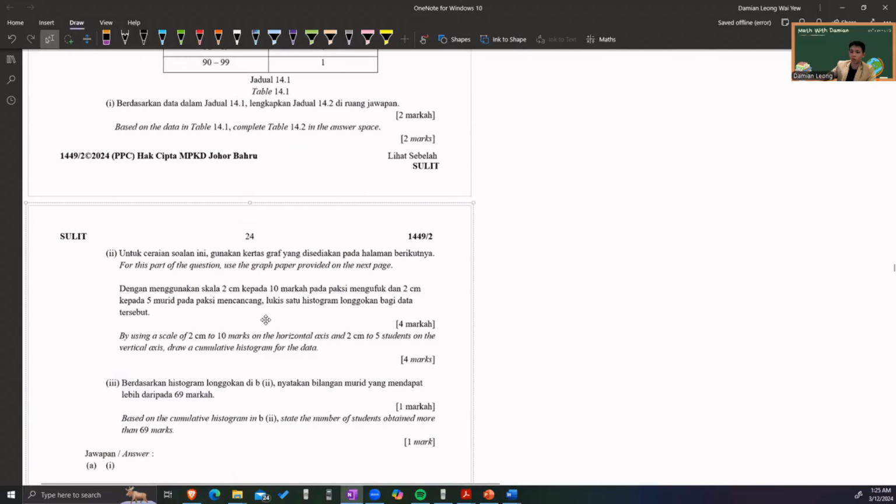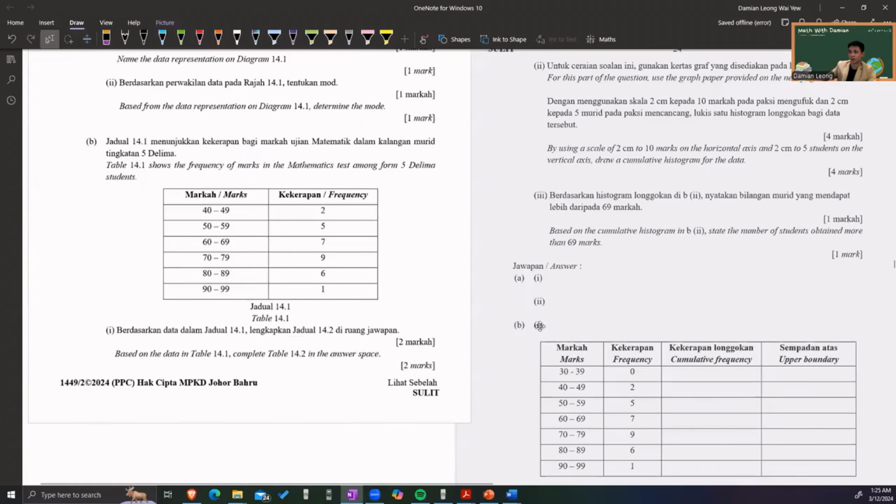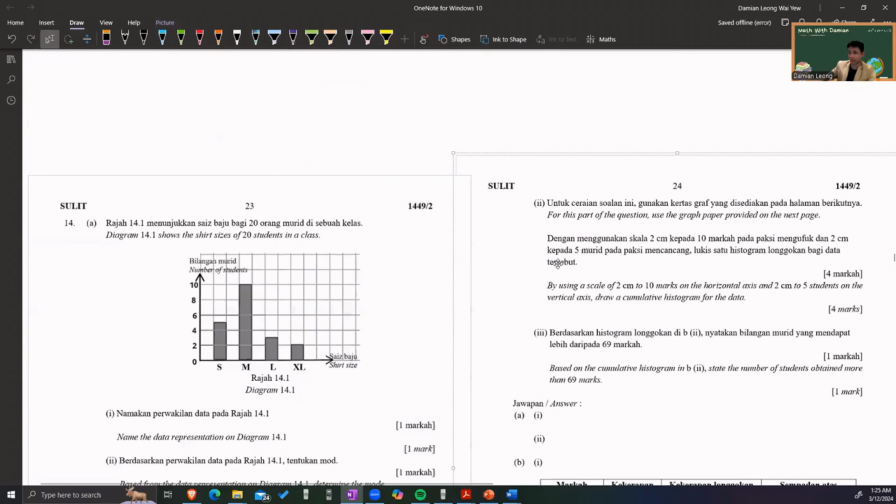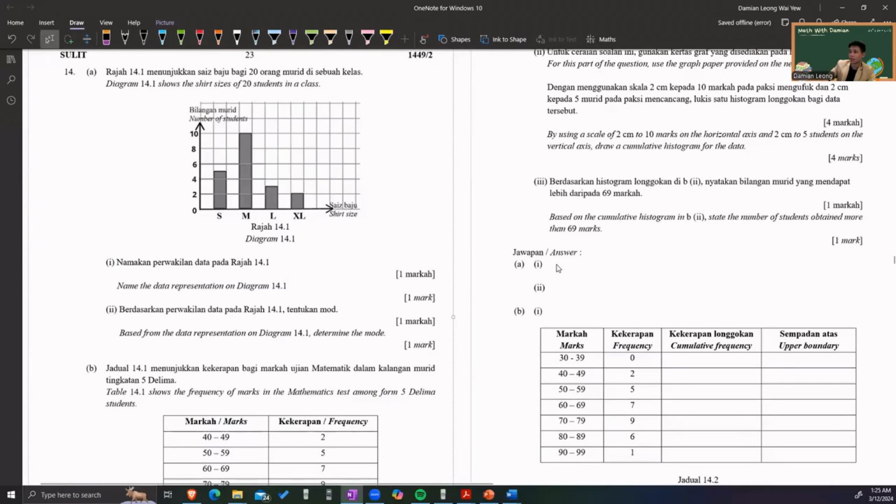You should know the name for it just by looking at what it is. So, bar chart. Then A2, based on the data representation, determine the mode, which is size M.